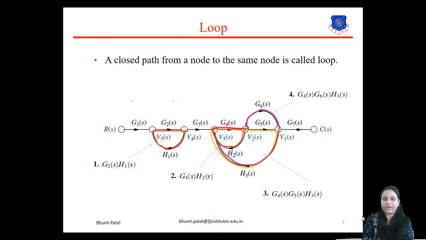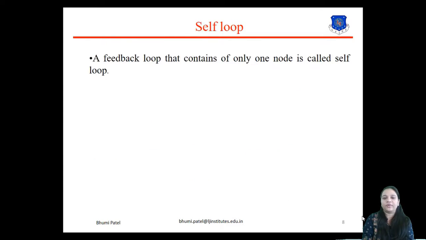And the fourth one is G4(s) G6(s) H3(s). So a loop is a path that terminates on the same node and along which no other node is encountered more than once.